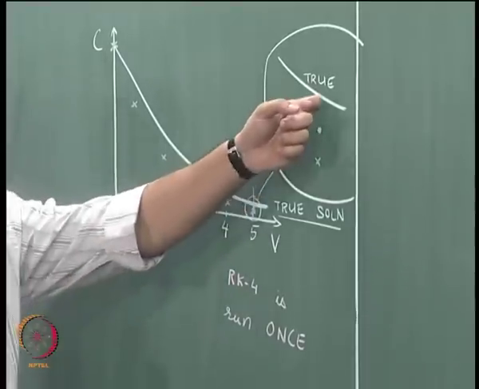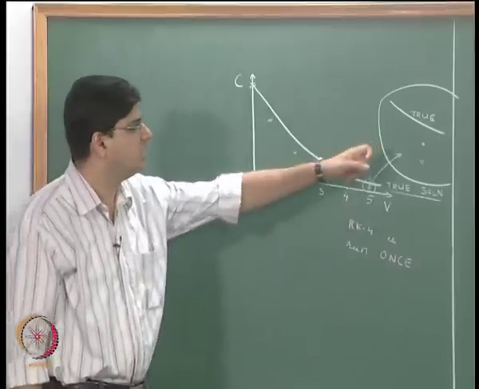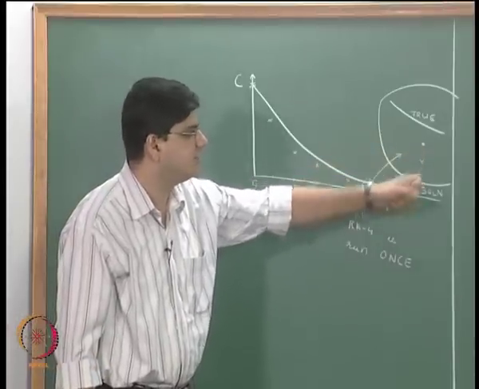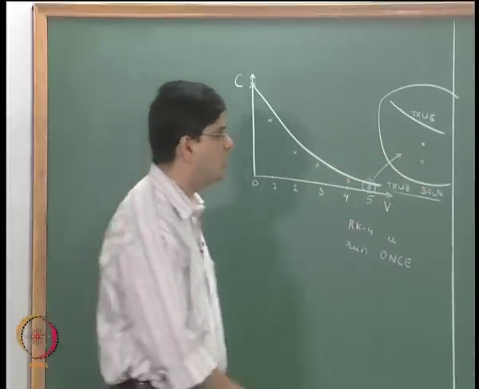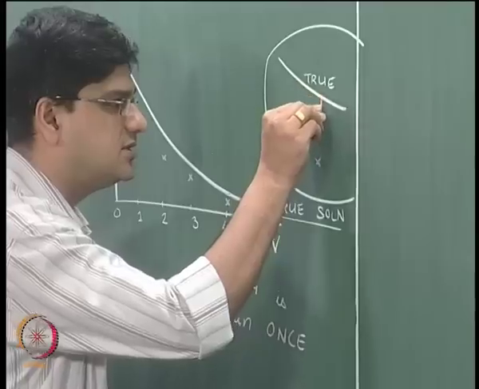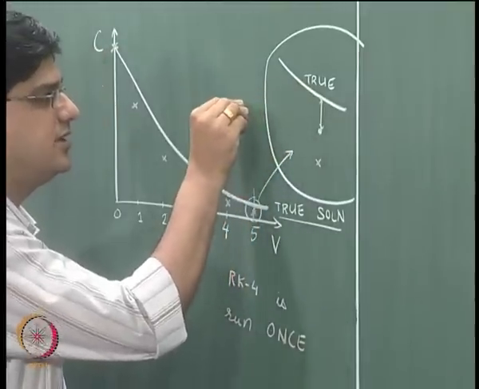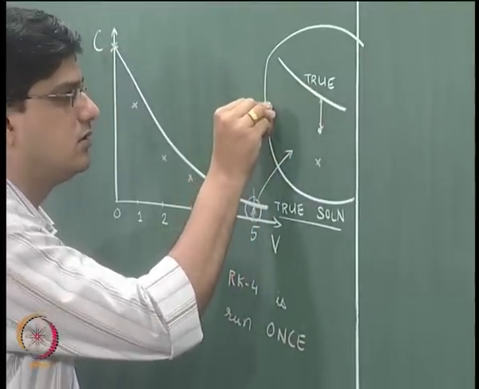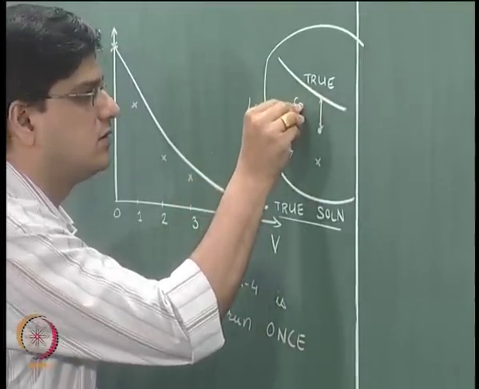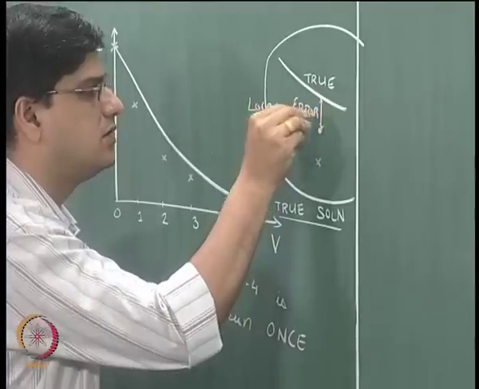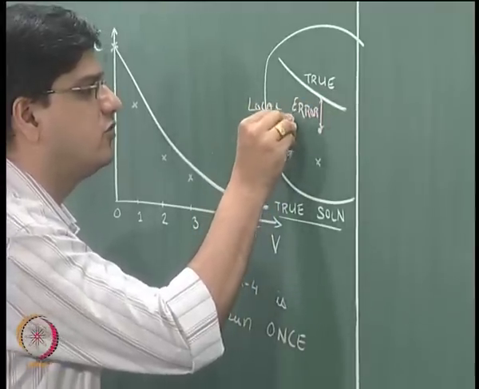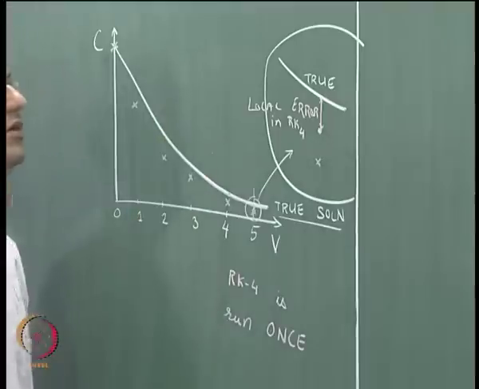So now if we were to calculate the errors in getting this purple dot, this particular gap represents the local error in RK4, okay.